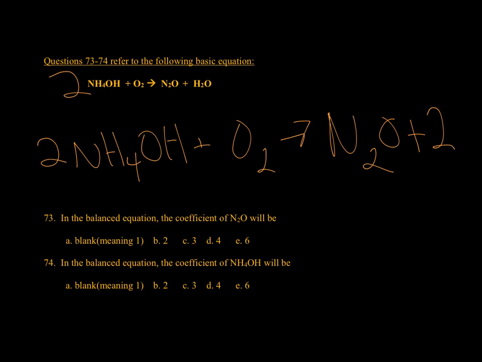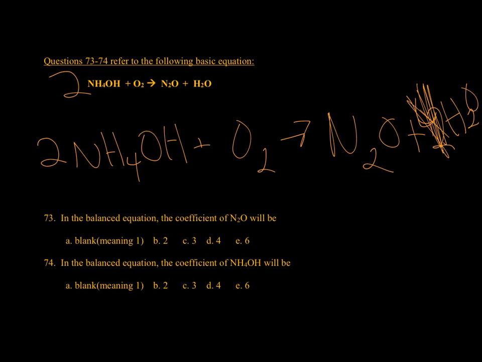I wrote that but I didn't say it: 2 of those plus 1 oxygen yields 1 dinitrogen monoxide, and 4 water, because you need 8 hydrogen.